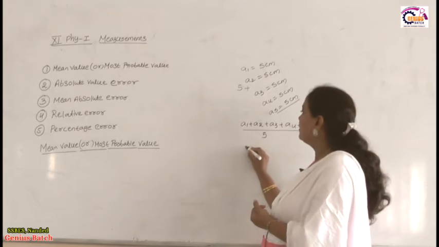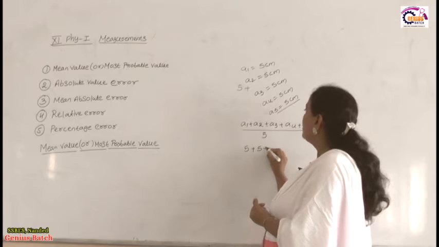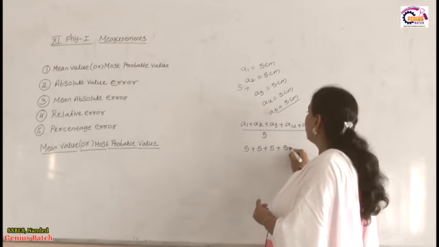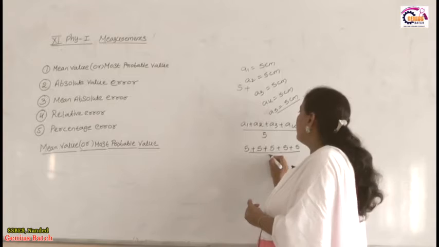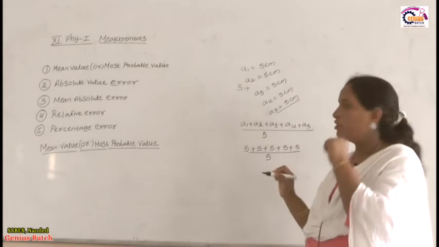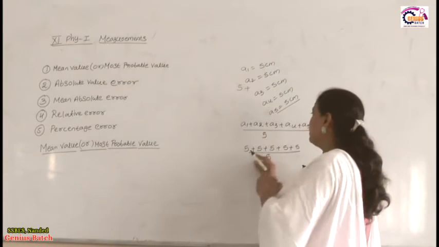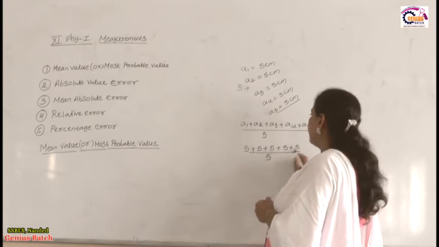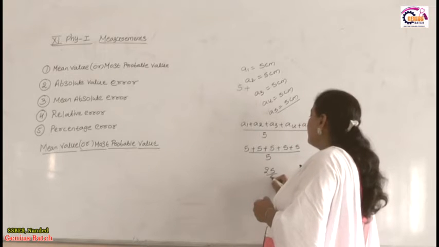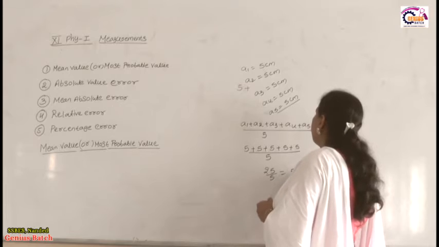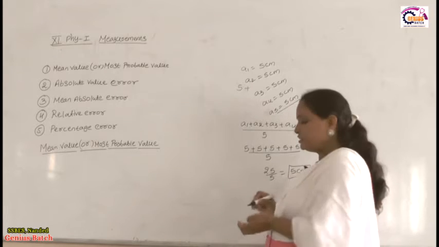That is 5 plus 5 plus 5 plus 5 plus 5 divided by 5. 5 plus 5 is 10, 15, 20, 25. 25 divided by 5 gives 5 centimeter again.